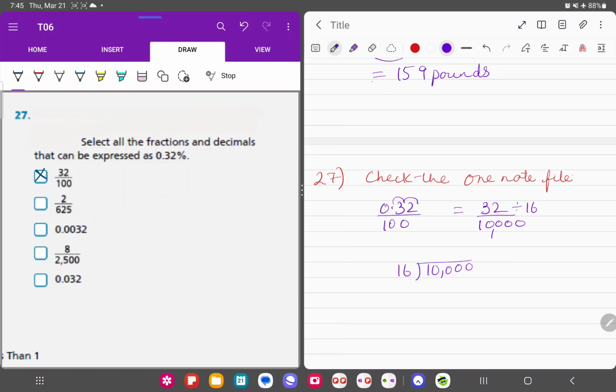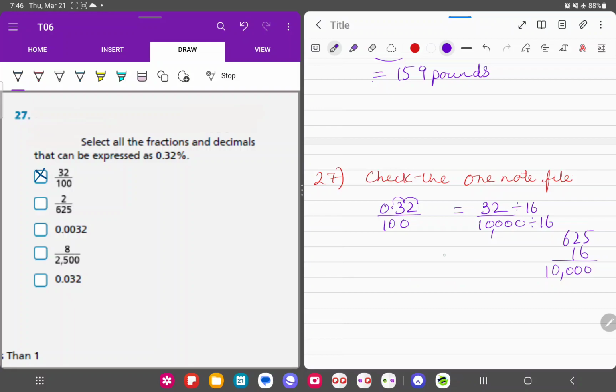So I'll take a shortcut: I will multiply 625 times 16, and it must give me 10,000. When I multiply, I found out 625 times 16 is 10,000, which means I can divide 10,000 by 16 as well. So no need to do this division.